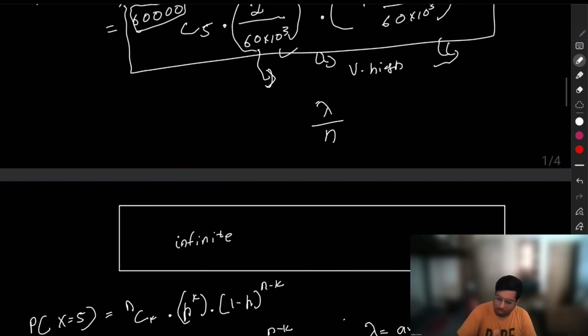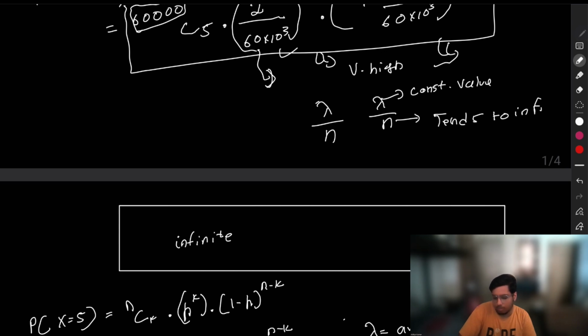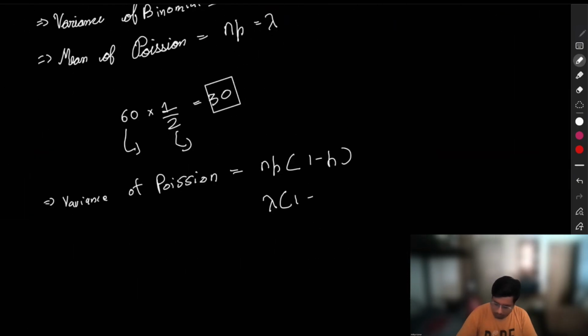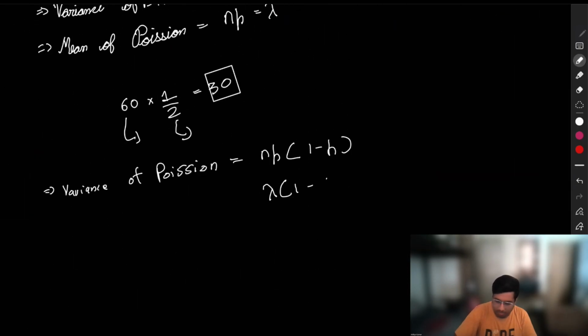So what will be the value of lambda upon n, if lambda is a constant value and n tends to infinity? The value of p would be simply 0. So here in the calculation we can write lambda times 1 minus 0, which is equal to lambda. So the mean and variance of Poisson distribution both are lambda here, right?